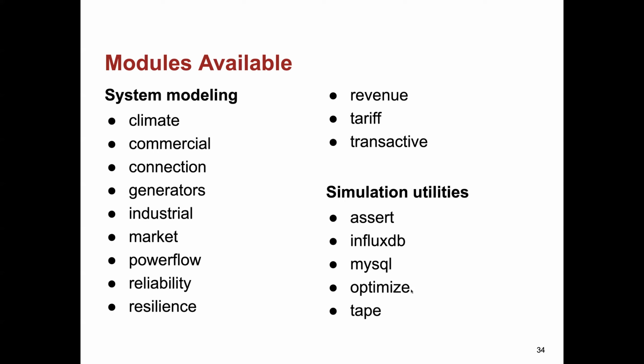An optimization module that does fairly crude optimization, basically a simple gradient search, but it's integrated into the solver, which means that it allows you to optimize across the properties of many objects, which is potentially a very useful capability. Although, as many of you know, these kinds of mixed discrete optimizations can be extremely time consuming to solve. And then a tape module, which allows you to play data into a simulator or record data out of a simulator.